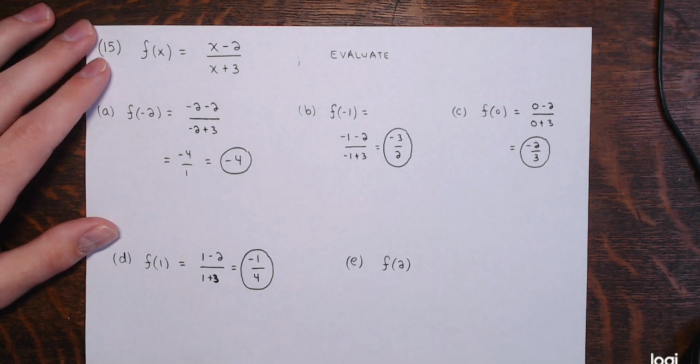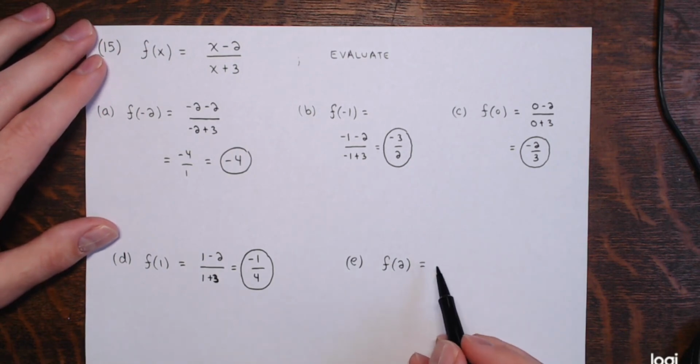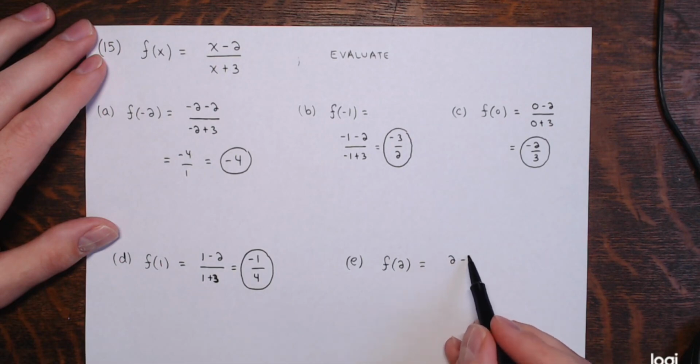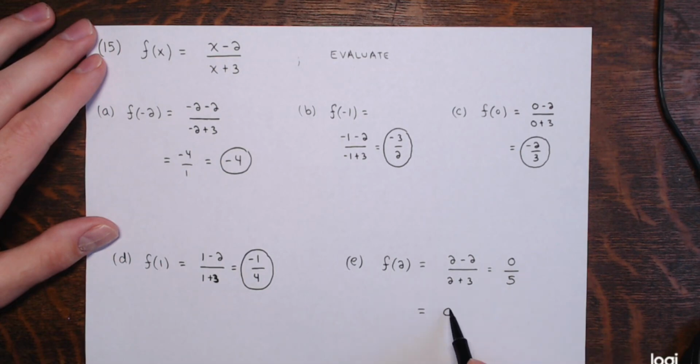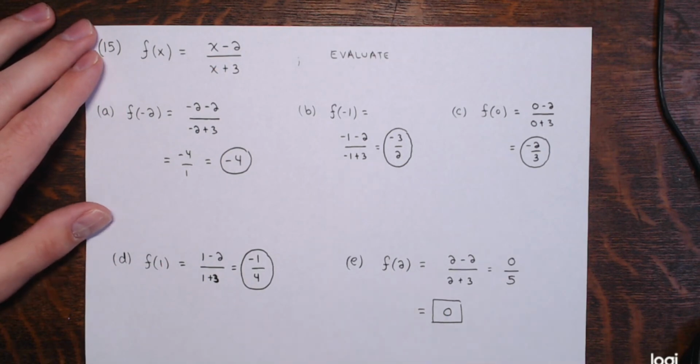And finally, for this example, f of 2, 2 minus 2 in the numerator, 2 plus 3 in the denominator. That's 0 in the numerator divided by 5 in the denominator, and 0 divided by any non-zero number is just 0. Alright, so input 2, output 0.